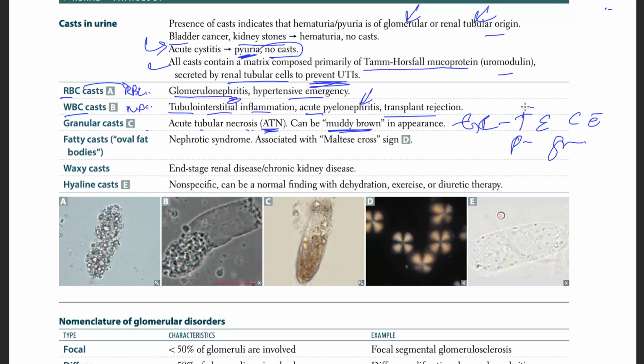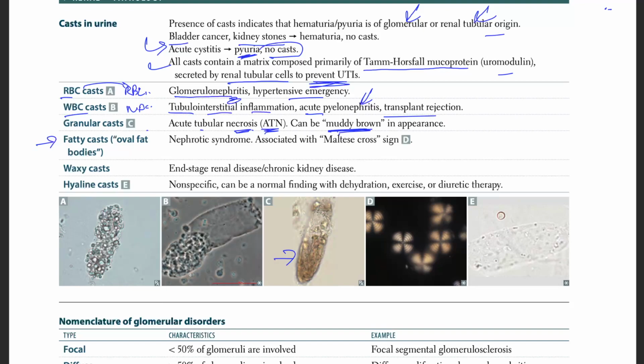So there are tubular cells that have been sloughed off due to necrosis. And when you slough off those tubular epithelial cells, they are shown as muddy brown. Looking at picture C, the muddy brown appearance of these casts.